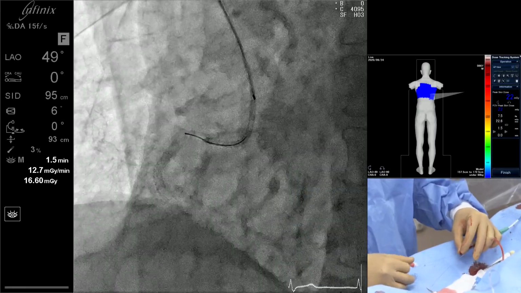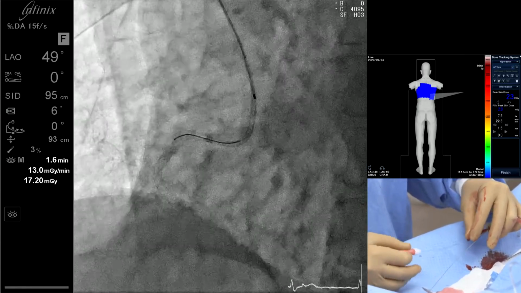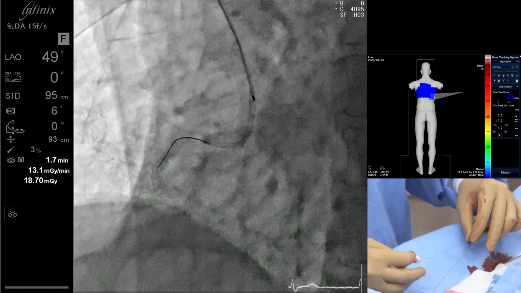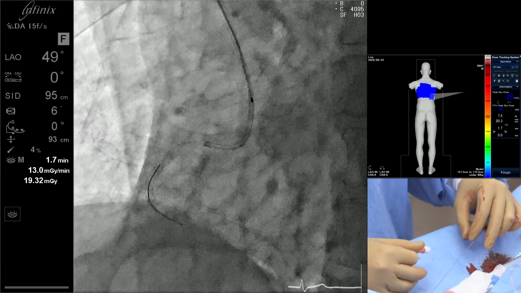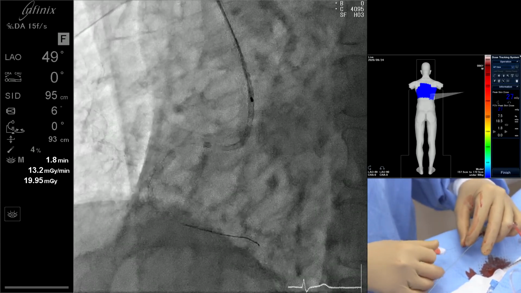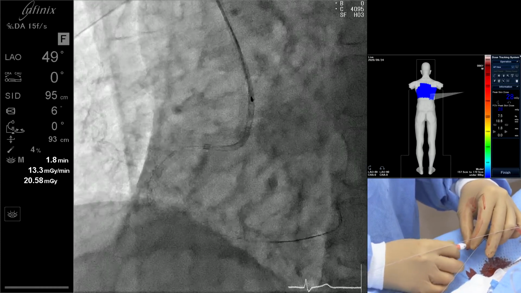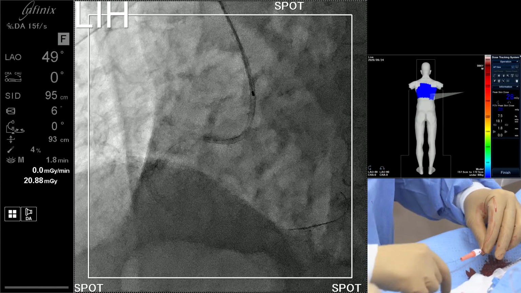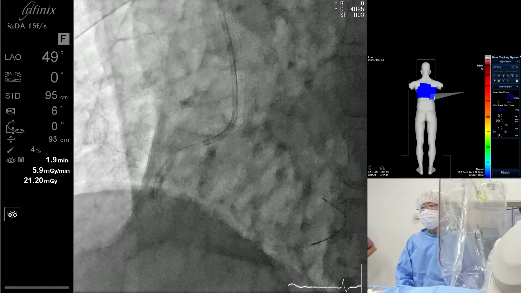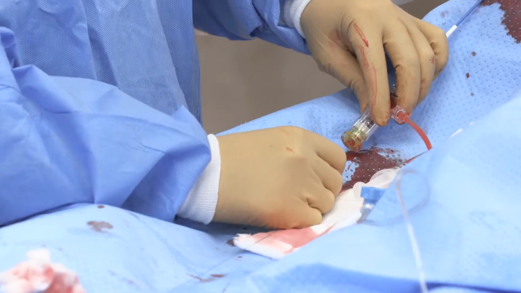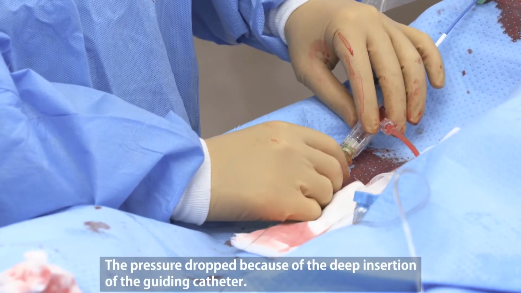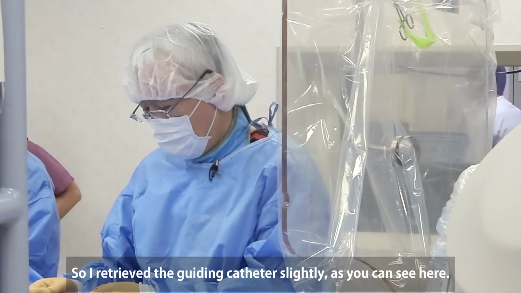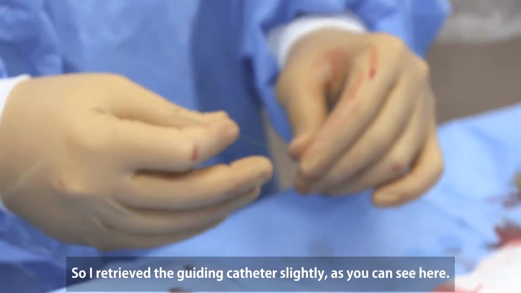The pressure was dropped because of the deep insertion of the guiding catheter, so I retrieve the guiding catheter slightly, as you can see here.